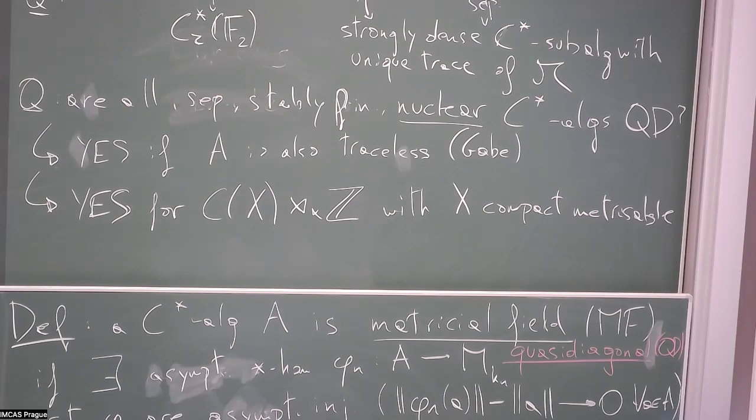And it's just a very naive question. You put separable in front of the question, are all separable stably finite C*-algebras quasi-diagonal? Does that mean quasi-diagonal algebras are automatically separable, or no? No. But I guess the point of interest is mainly separable C*-algebras.